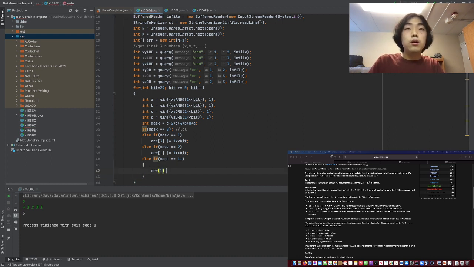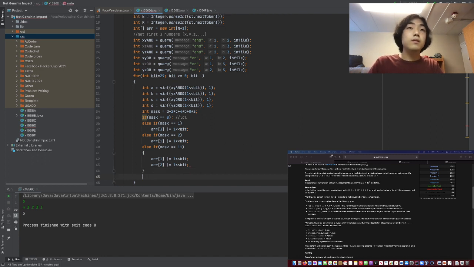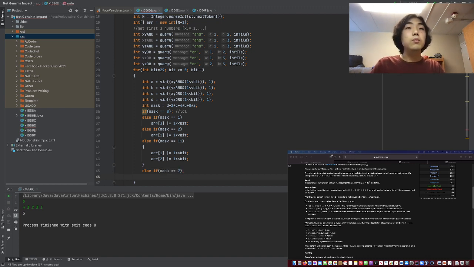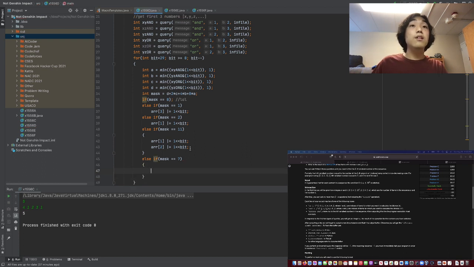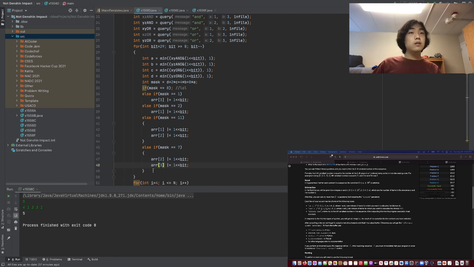If mask is equal to 7, because then it's 4 plus 2 plus 1, then we know that array at 2 and array at 3 have this bit.